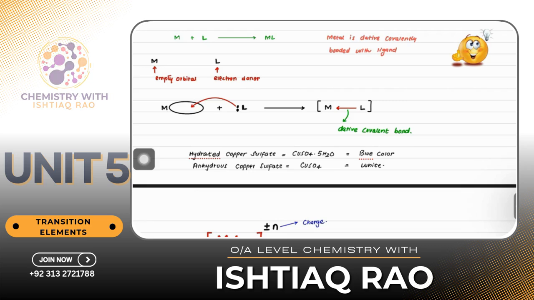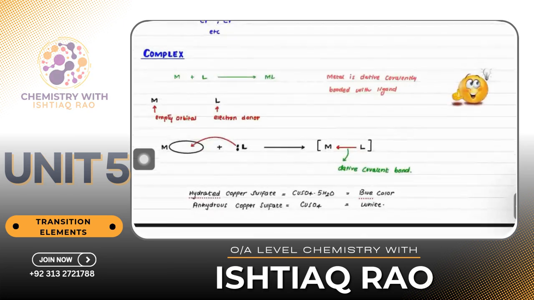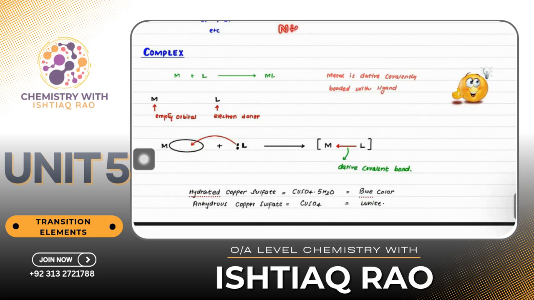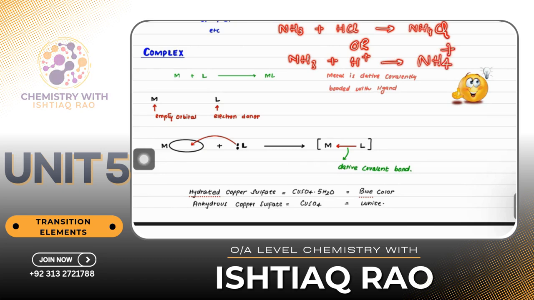If you remember, when we used to discuss dative covalent bonds, we had this example. Look at this. Ammonia is reacting with HCl. It would be forming NH4Cl. Then I can make it easy. Ammonia reacts with H+. It would form ammonium. Now, how can I explain where the dative bond is?